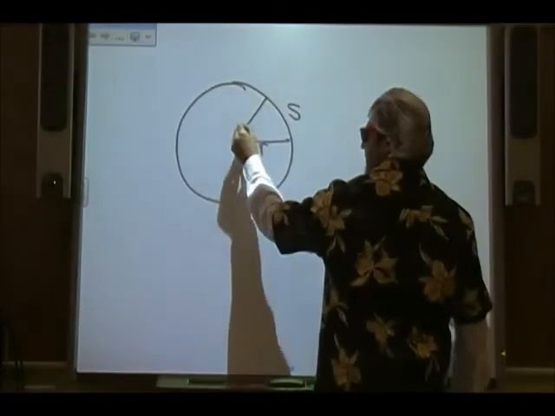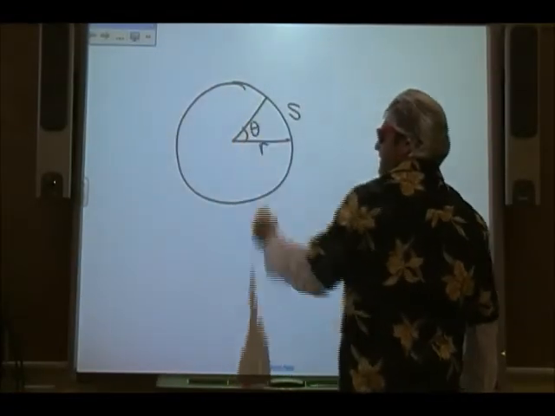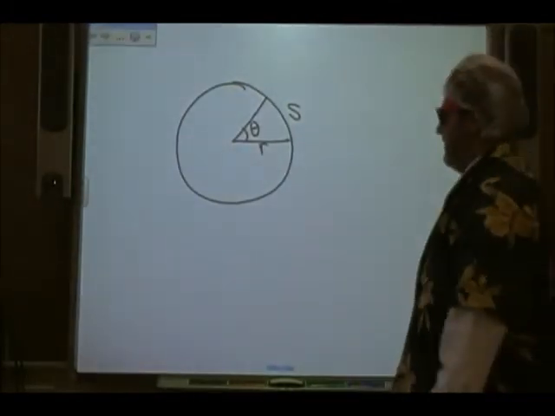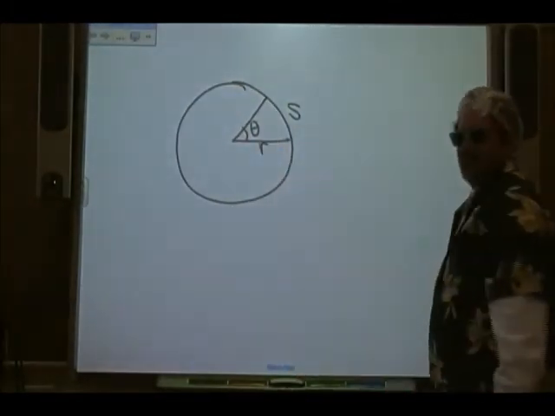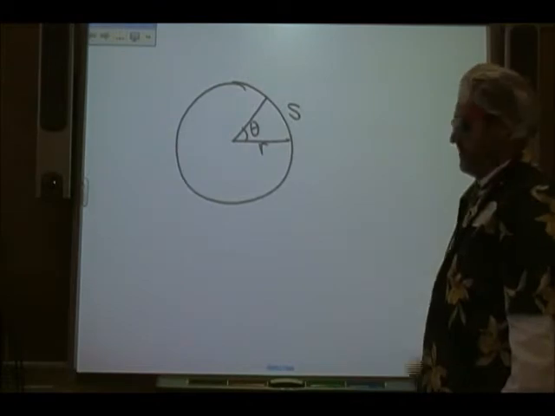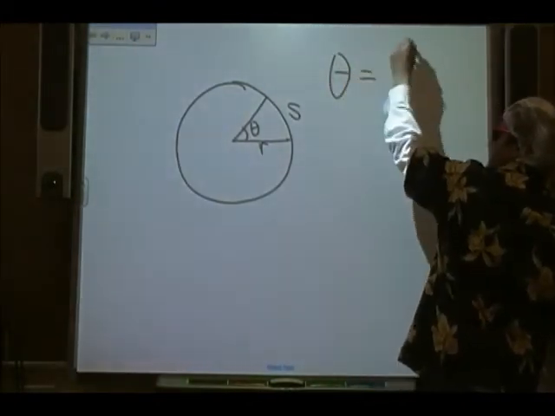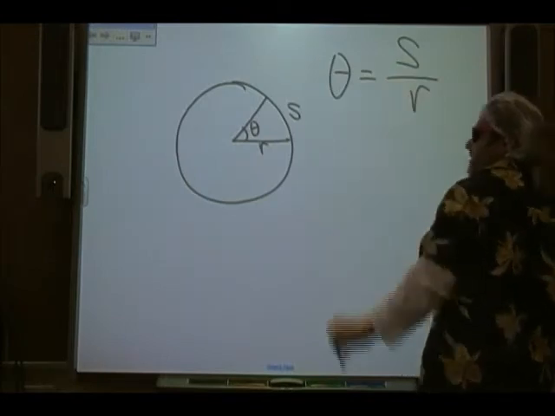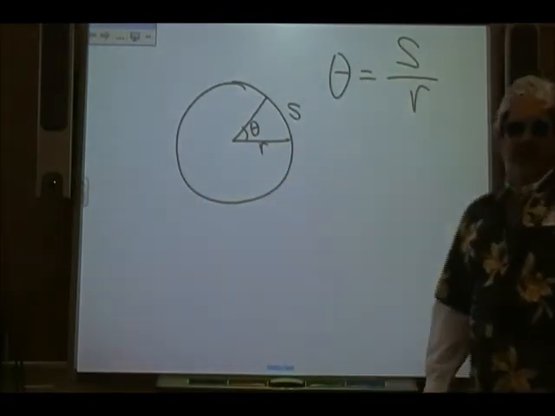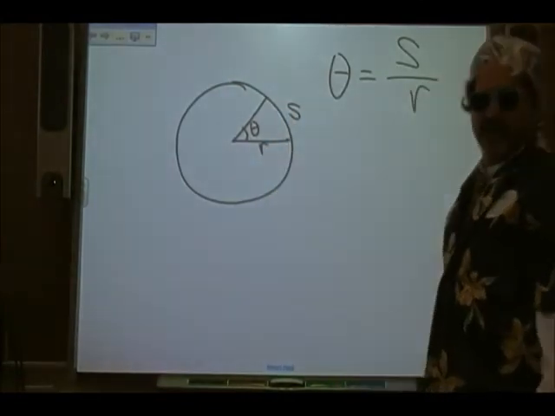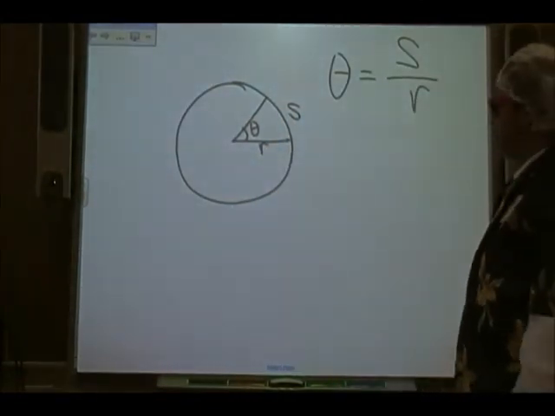And we're going to call this angle the Greek letter theta. Okay, so we have theta equals S over R. So the formula they use is theta equals S over R, where R is the radius, S is the intercepted arc, and theta is the angle.